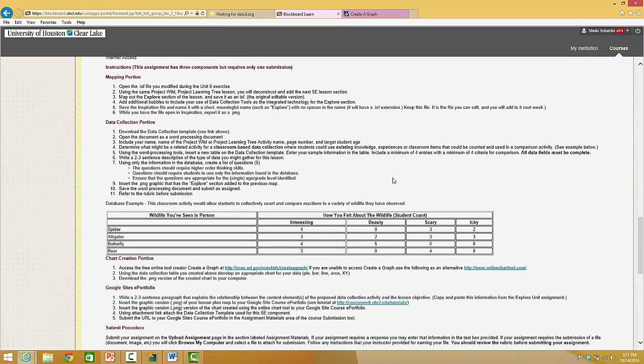Really, all the technology skill here is just you creating a database, looking at a database, creating data, and putting it into a small chart, comparing it, because this is something you could talk about with your students, and comparing data.